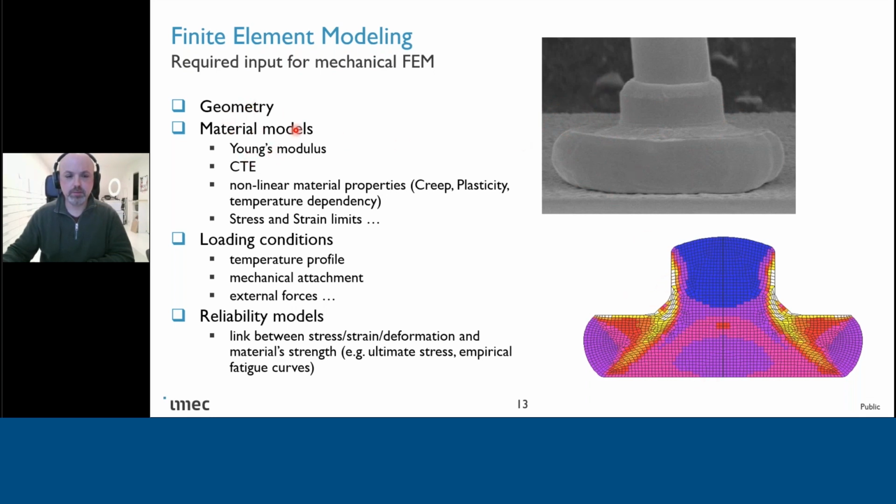You need material properties like Young's modulus, CTE, non-linear material properties like creep, plasticity. You also need loading conditions if you want to do mechanical simulations, and some reliability models. So there are a lot of inputs, but most important, what we want to know is realistic input for these models in order to have a realistic estimation of the behavior of the real structure.